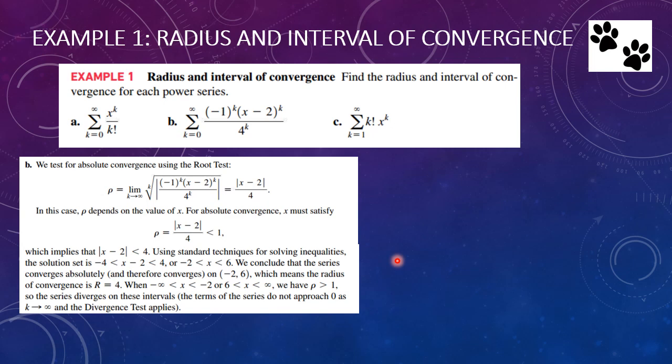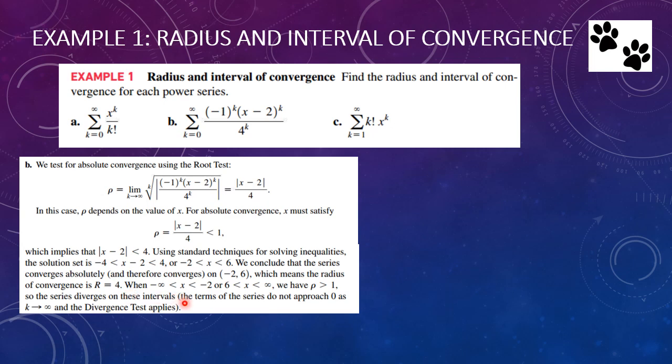So we conclude that the series converges absolutely and therefore converges on the interval from negative 2 to 6, which means that the radius of convergence is 4, right? Because remember, a is equal to 2, so the difference between 2 and negative 2 is 4, and the difference between 2 and 6 is 4. Okay, so the radius of convergence is 4.